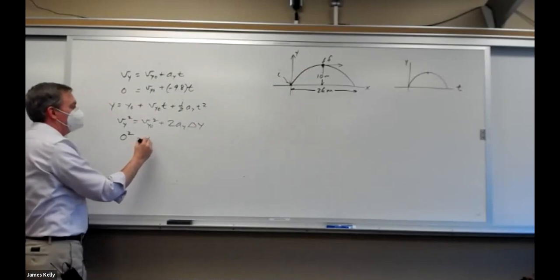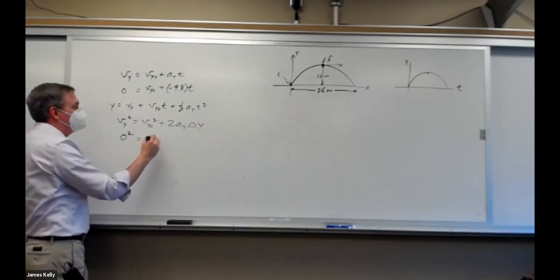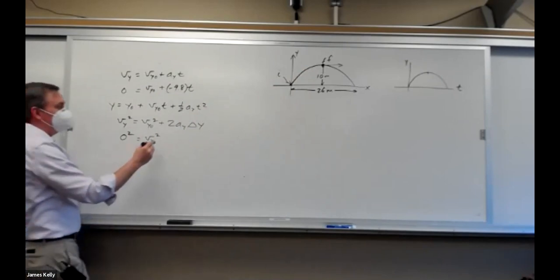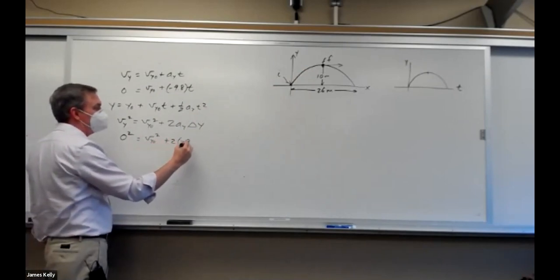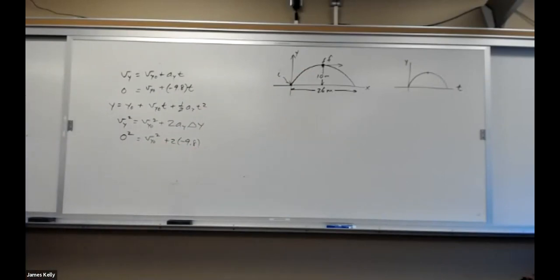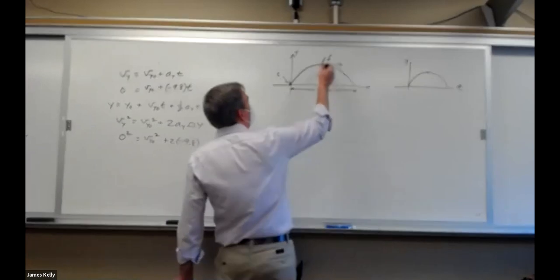Vy initial is what I'm hoping to solve for. So we'll just hold on to that. ay is minus 9.8. And what's delta y? 10. Between my initial and final. Again, it depends on your definition of initial and final. But for my chosen one, it went up in y by 10 meters.